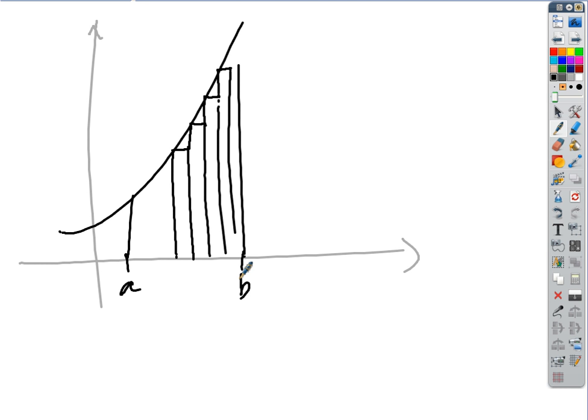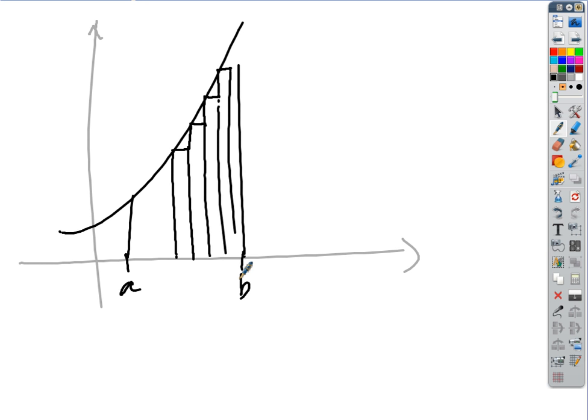Why not just let it be a really easy area to calculate? But if we're going to be stuck with this dilemma that we're currently in, where we can't let the number of subdivisions go to infinity, then if we're going to have a finite number of these, we don't want to pick something inefficient like a rectangle. We want to pick something a little bit better. So rectangles are probably not a good idea.